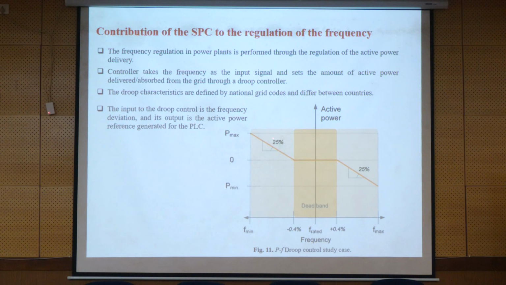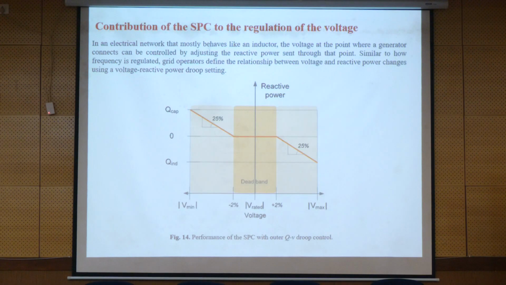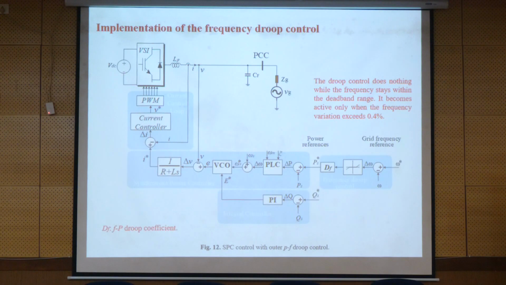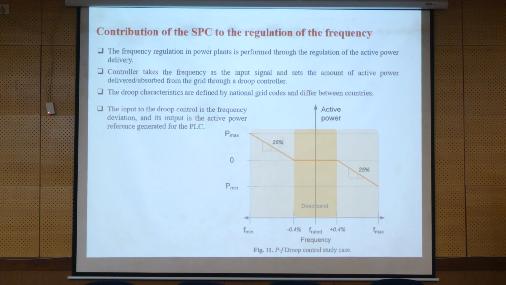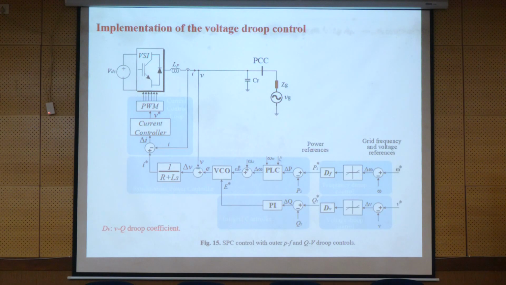We have the PF and also QV. So based on the change of the active and reactive power, we can regulate the voltage and frequency in the system. So by this assumption, everything goes well, and we create the droop control loop embedded in the control loop of the converter.